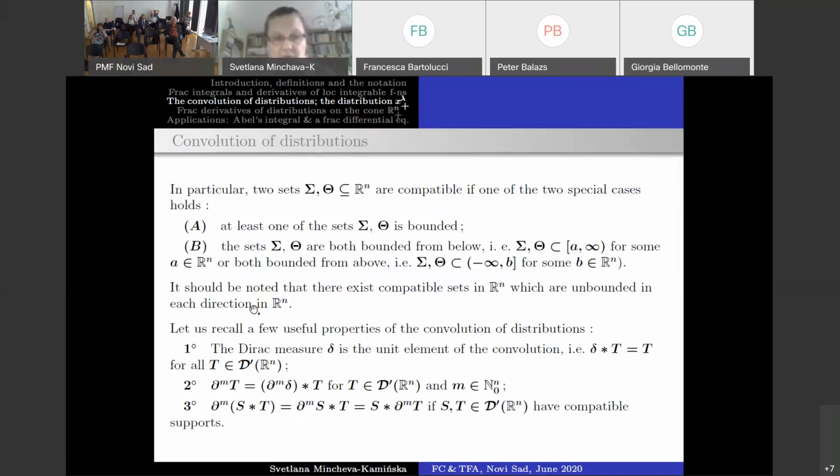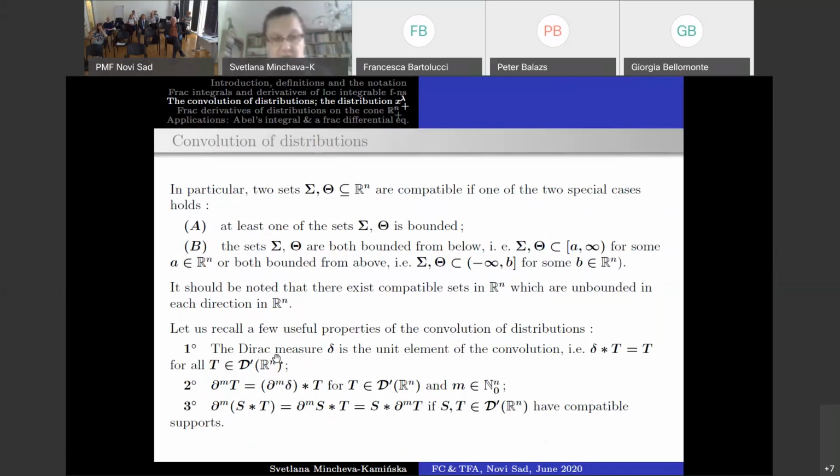Now I'll only show some very simple but useful properties of convolution of distributions connected with its derivatives.